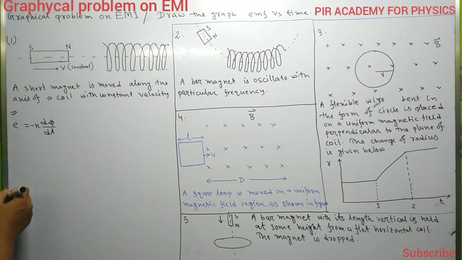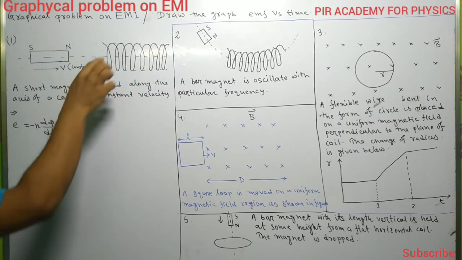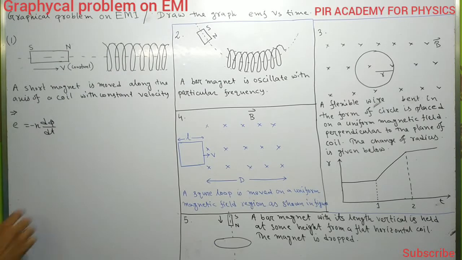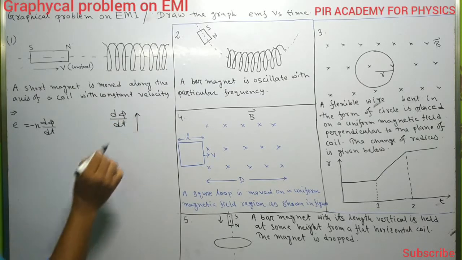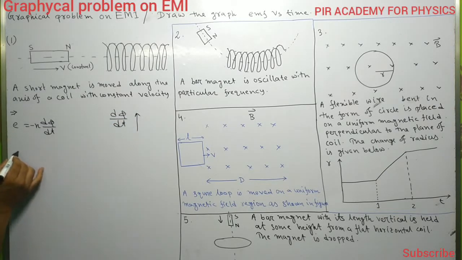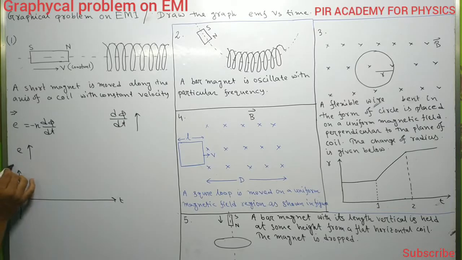Now when this bar magnet is moved towards this coil, the change of magnetic flux will increase. That means the induced electromotive force must increase. So suppose this is time and this is the electromotive force along this direction.